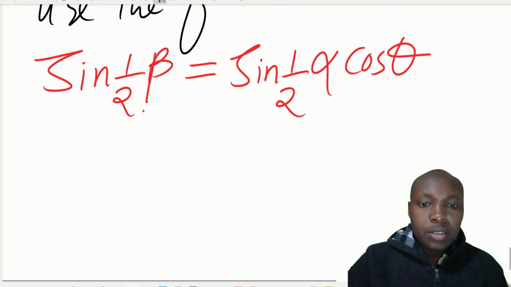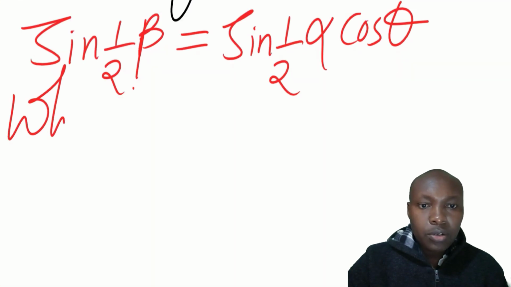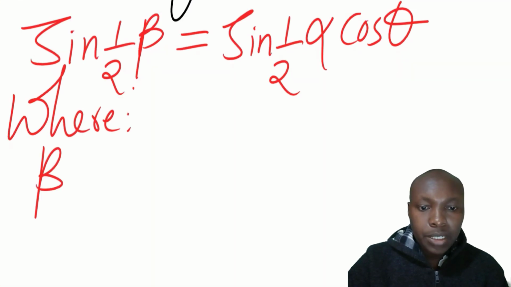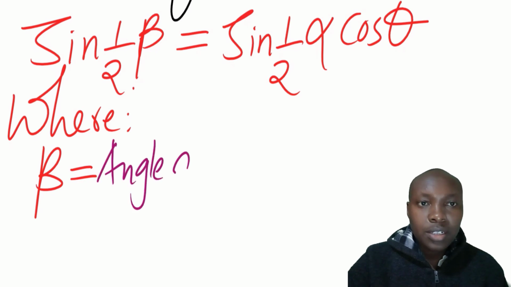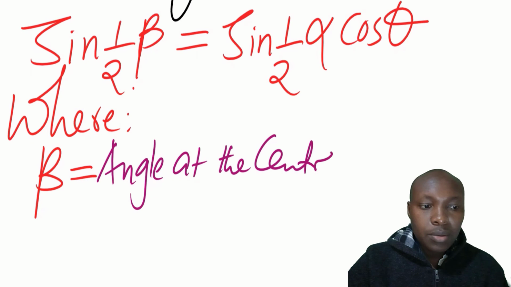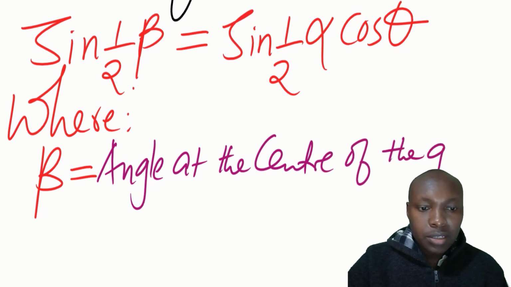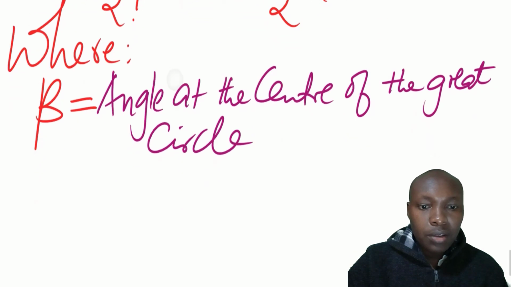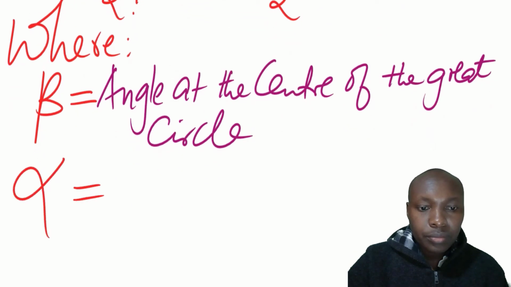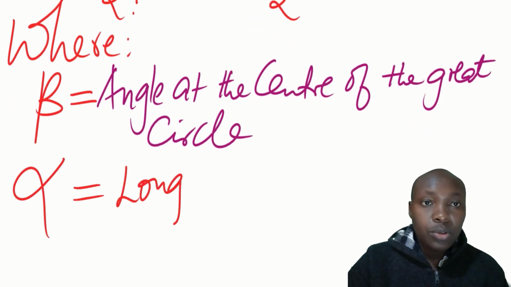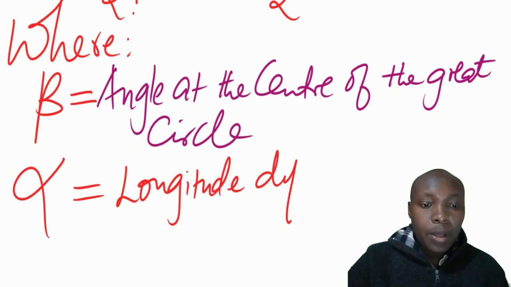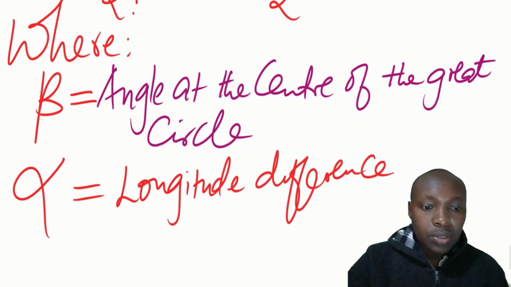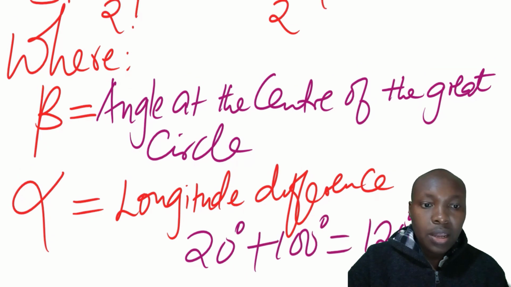That is the formula that you're going to use, where beta is the required angle, the angle at the center of the earth. That is the angle that will help us get that distance. And then we have the other angle, which is alpha. Alpha is the longitude difference, which we know in this question, the longitude difference of the two places, which is 20 plus 100, that is 120.